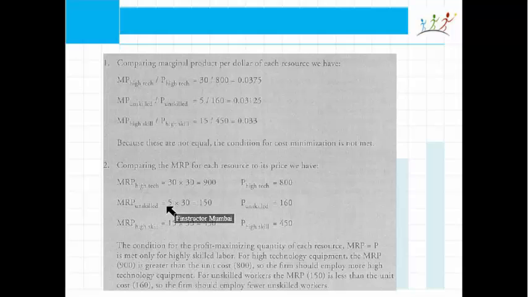As I reduce the unskilled labor, the marginal revenue product of unskilled labor will increase, hence again making the marginal revenue product equal to the price of unskilled labor. So employ fewer unskilled workers and more high-tech equipment to maximize profitability.